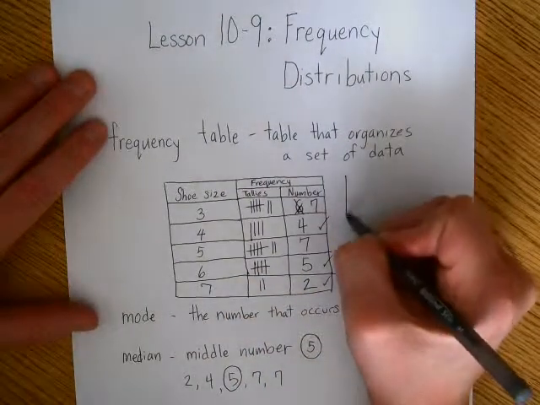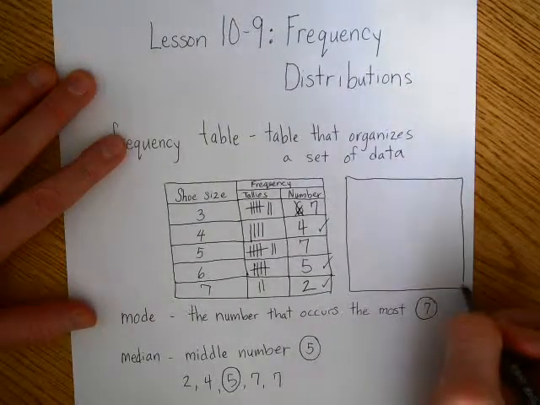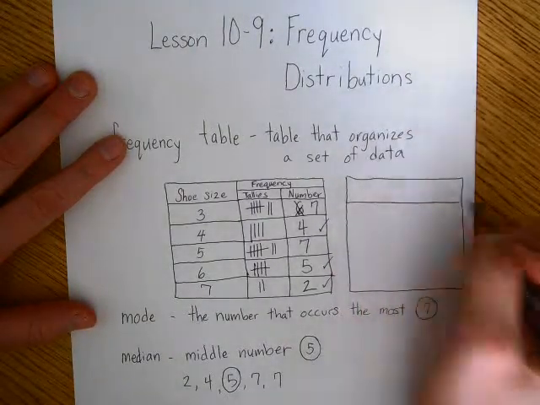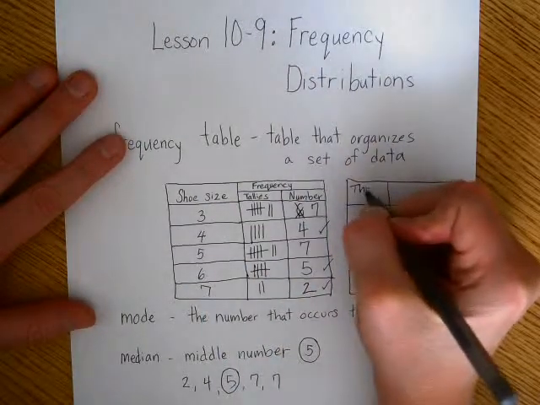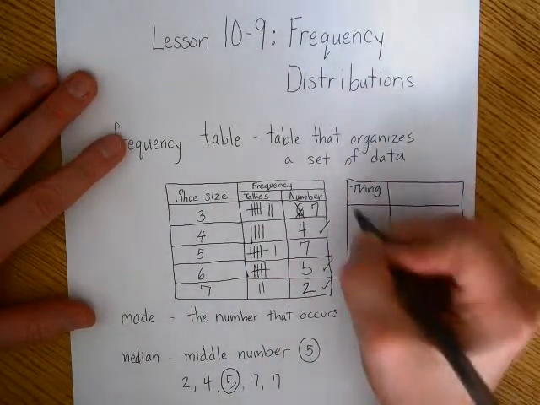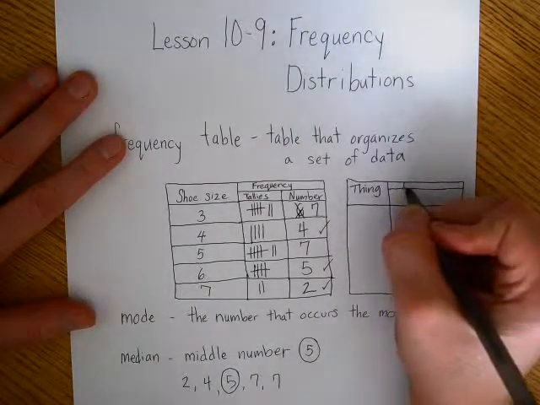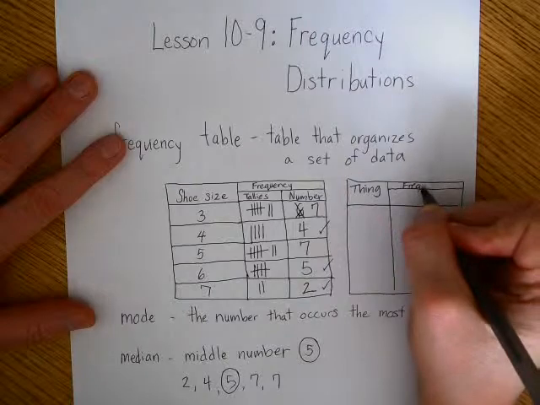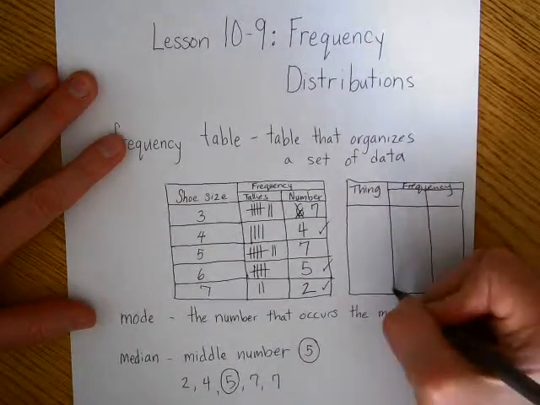I would suggest if you want to do that, you just use a blank table. You could set it up this way, and at the top is where you'd put the thing you're counting, and over here is the frequency.